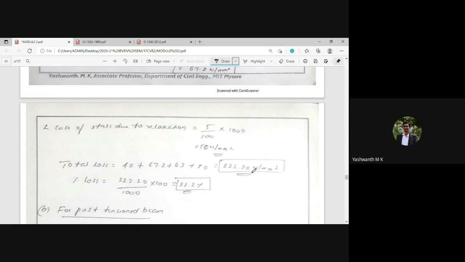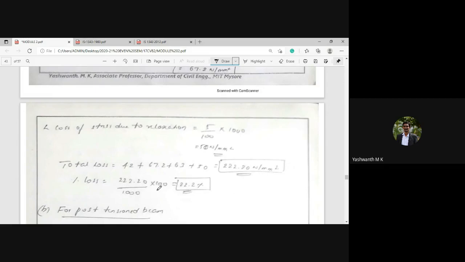Is it clear? So what will be the net pre-stress available? 1000 minus 222.20. But this problem is asking for percentage loss. Therefore, percentage loss of stress in wire is equal to total loss divided by initial pre-stress, that is 222.20 divided by initial. If you want to calculate percentage loss, initial pre-stress is very much essential.